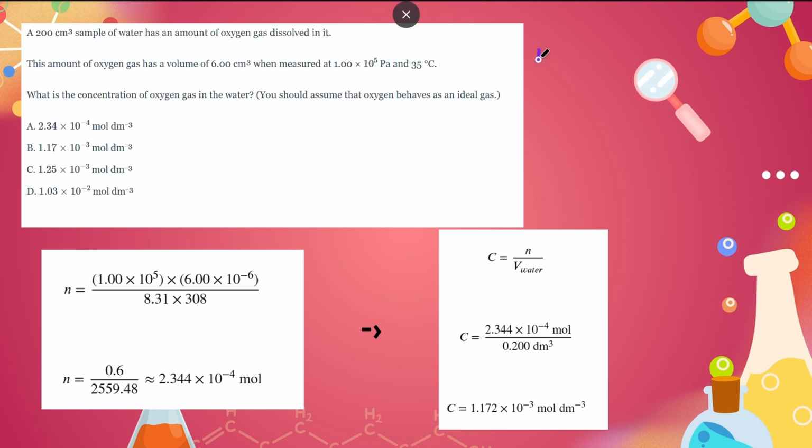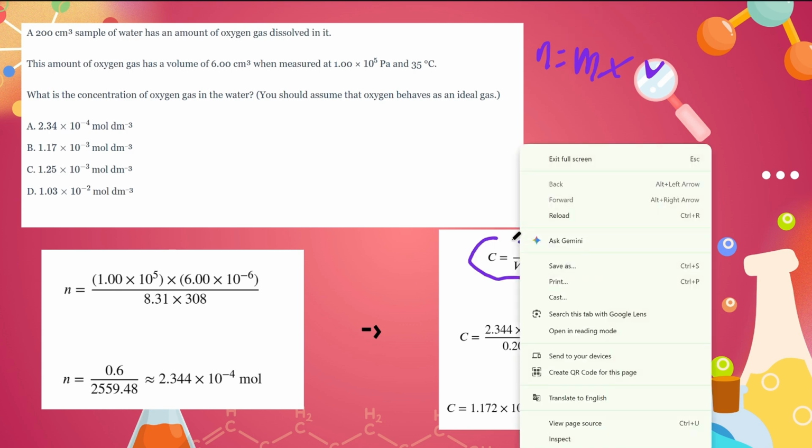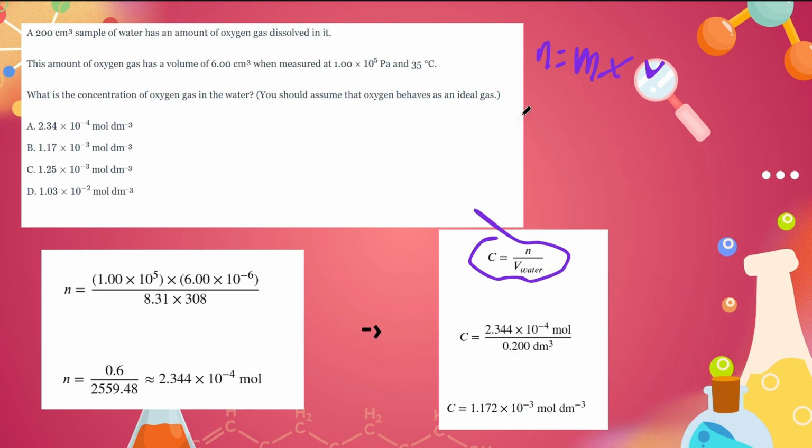You know the equation, which is n equals concentration times volume. This is the equation. So to find the concentration, we just write it like this. I actually use the concentration as M, capital M, but I'm sorry, I actually wrote it as not capital M. And this is the equation if you want to find the concentration.